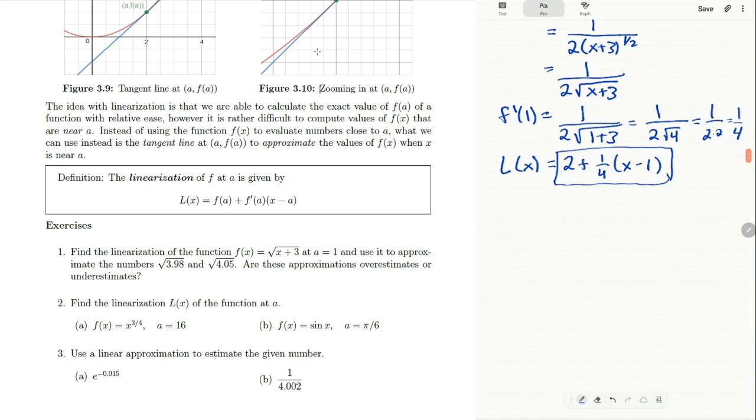So now we can use this linearization to approximate the numbers, the square root of 3.98 and the square root of 4.05. So now our function is given as the square root of x plus 3, and we want to approximate the value of root 3.98.